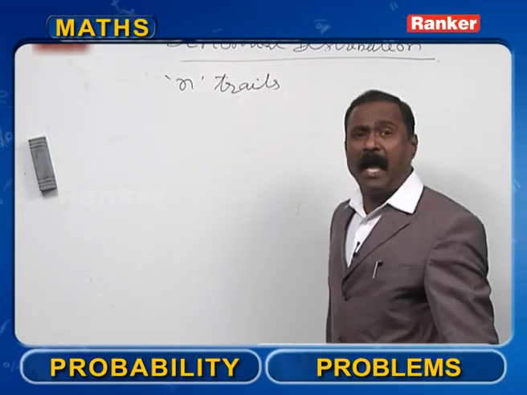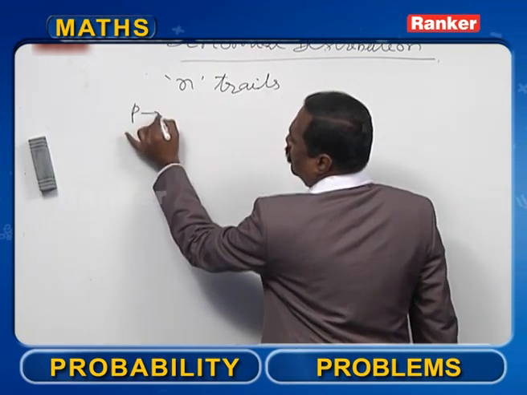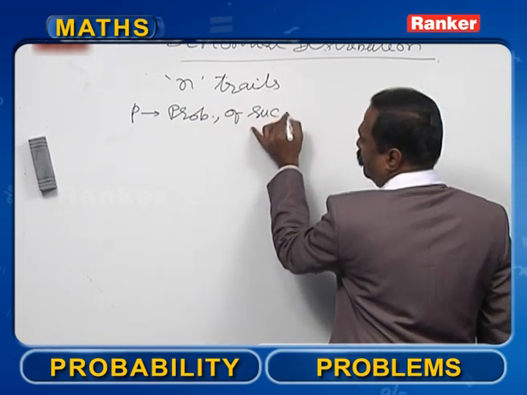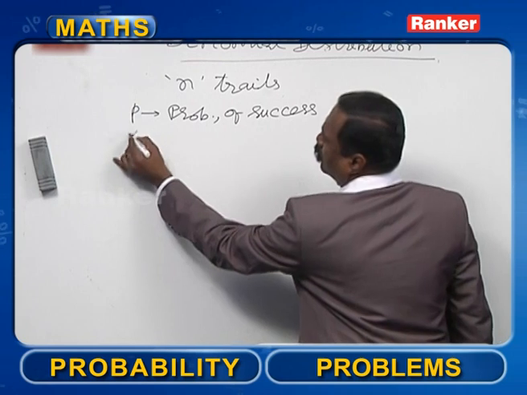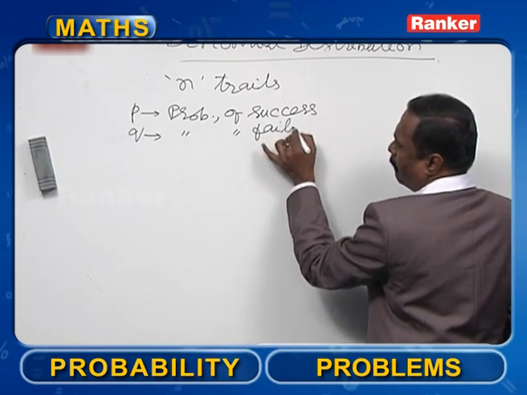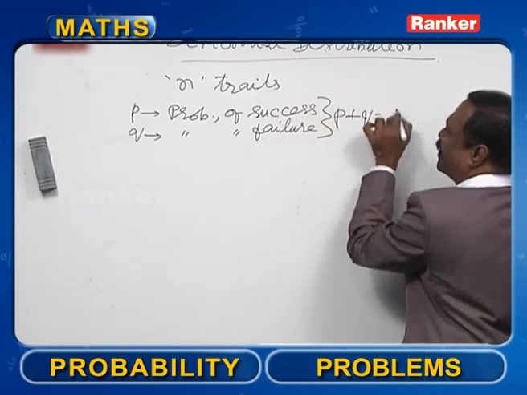In n number of trials, I have taken P, probability of success, Q, probability of failure, such that P plus Q is equal to 1.